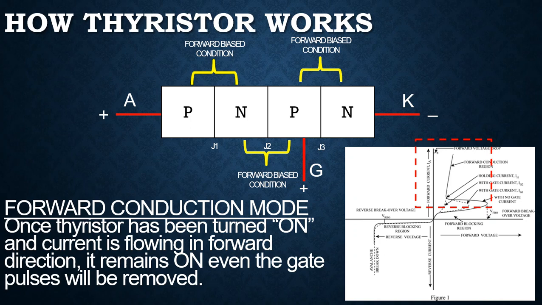Once the thyristor has been turned on and current is flowing in forward direction, it remains on even if the gate pulses are removed. Ibig sabihin, kahit alisin na yung gate, the thyristor is already working at on state na parang isang diode. The application of any gate pulses or signal will have no effect because the thyristor is already conducting and fully on.